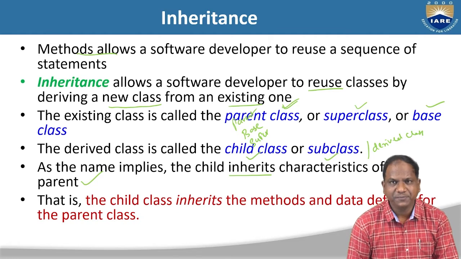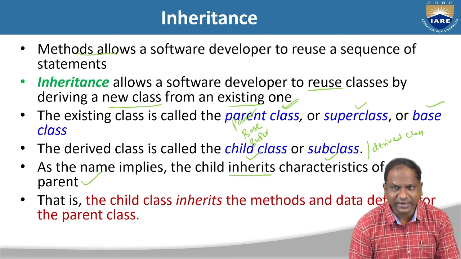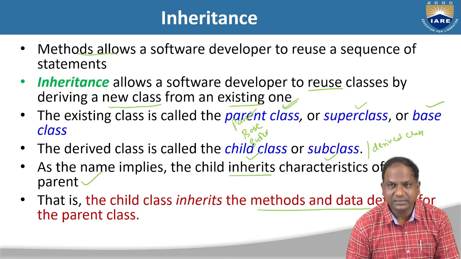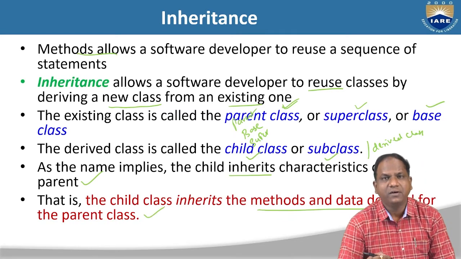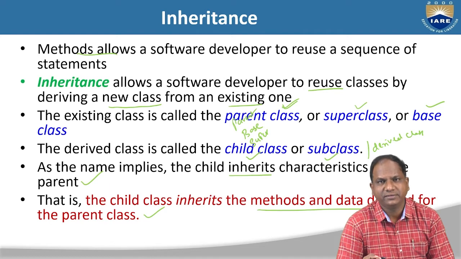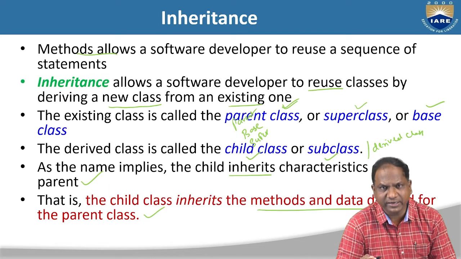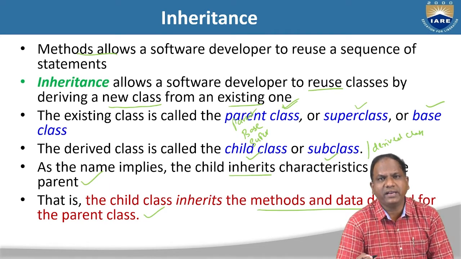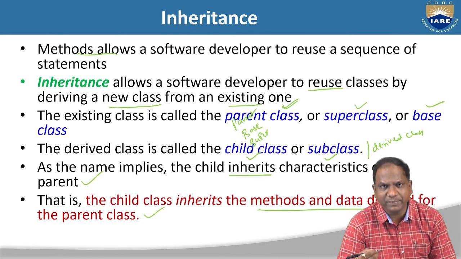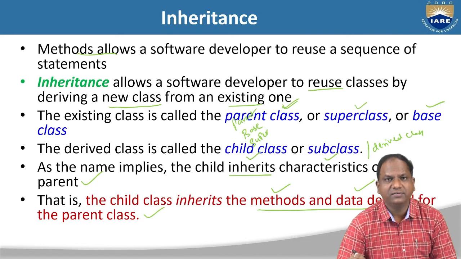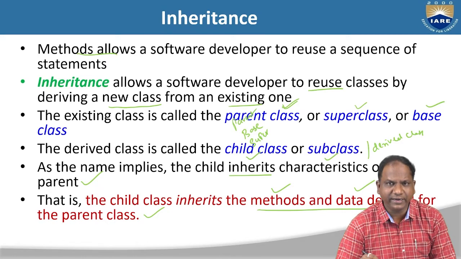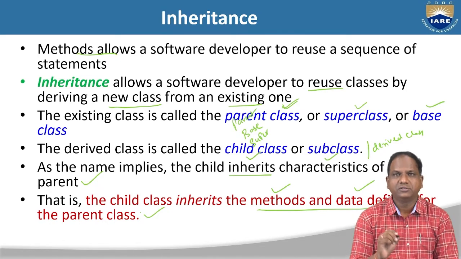The child class can inherit the methods and data that are defined inside the parent class, that is, the methods as well as the data you define in the parent class.